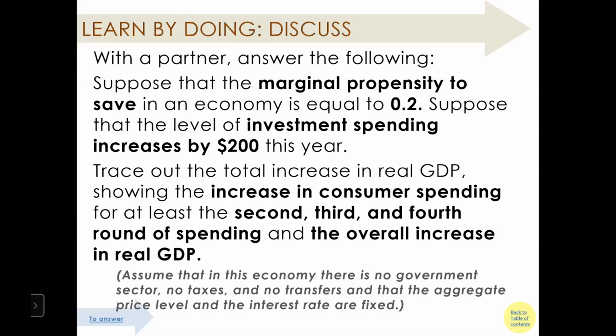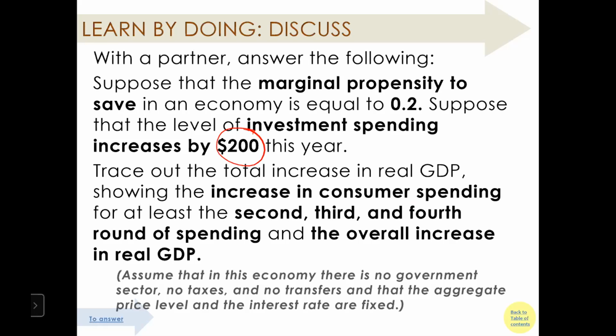Now, this is a practice question for you to work out. I leave that for you as homework. You need to write down the steps as I just explained in the previous slide. Just imagine there's an increase in investment spending by $200.